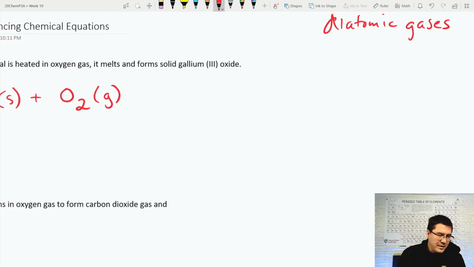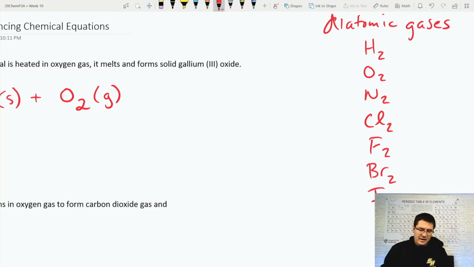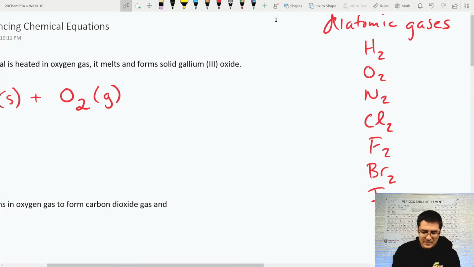These might be a good thing to write down in your notes: hydrogen, oxygen, nitrogen, chlorine, fluorine, bromine, iodine. Those are usually group one. So hydrogen in group one, group seven, or oxygen or nitrogen are also common. But all of these will form gases that have two atoms of that element.